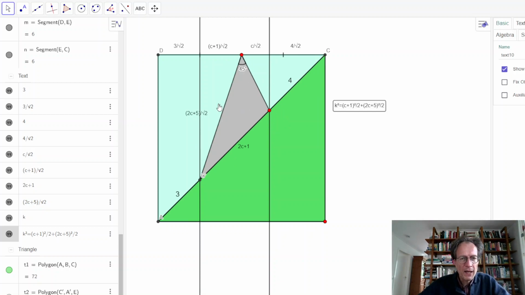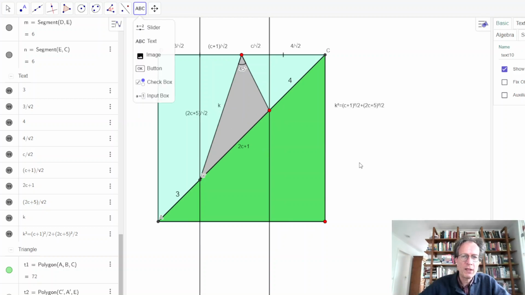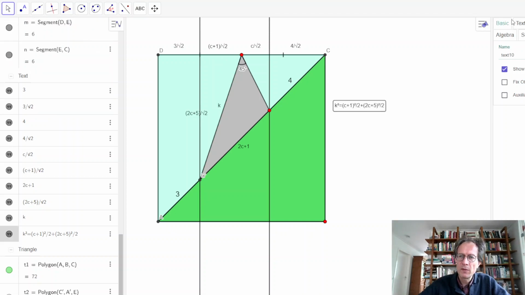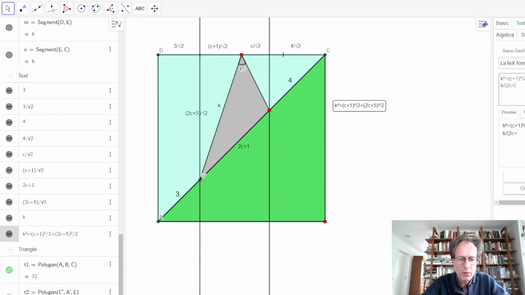If I divide those two sides, opposing, so if I divide k by 2c plus 1, then it must be equal to the long side over the middle side.